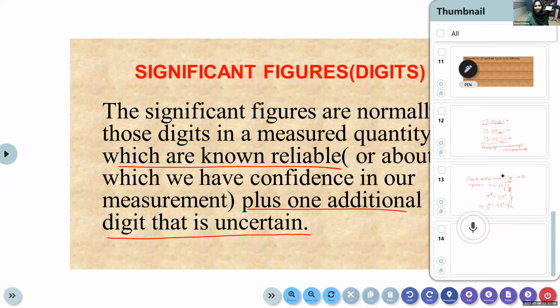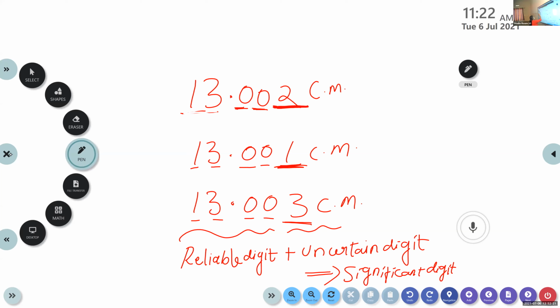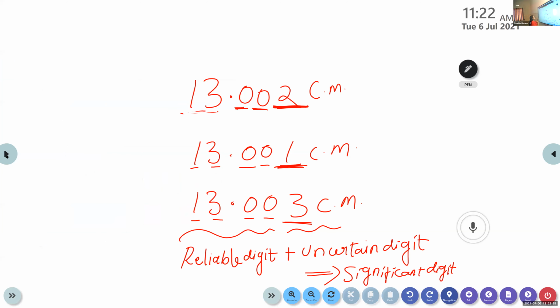Okay. So now we can count the significant digits in this number, 13.002. Here, how many reliable digits are there? 1, 2, 3, 4. That is, 1300 are the reliable digits.